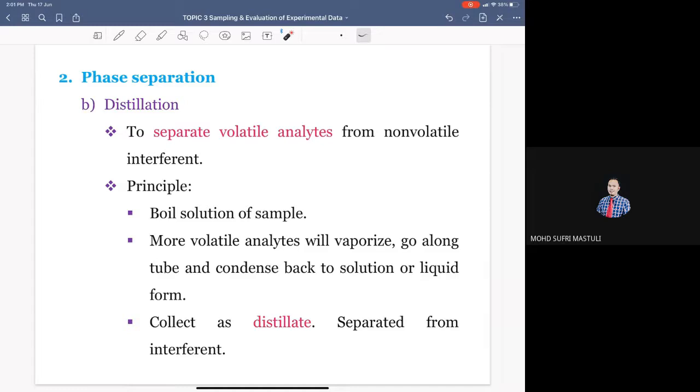So we boil the solution of sample, and the more volatile analytes will vaporize, go along the tube and condense back to the solution or liquid form, and then we collect it as the distillate. So this distillate is separated from the interference.